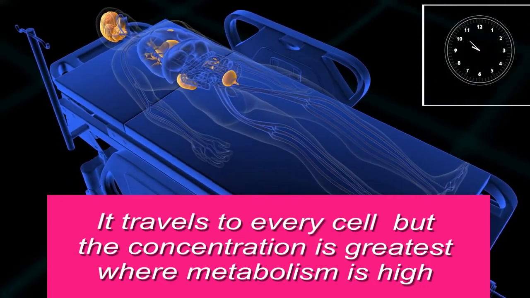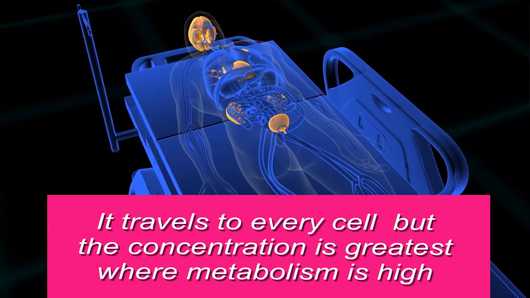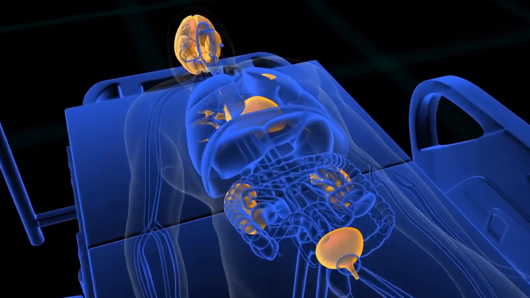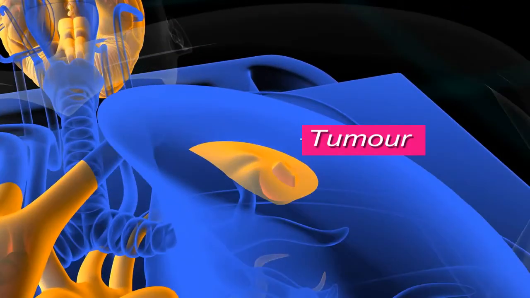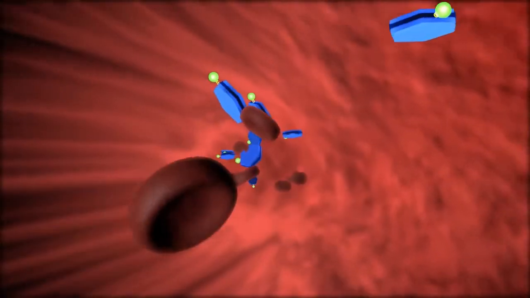It travels to every cell, but the concentration is greatest where the metabolic rate is highest. As a result, it will build up in areas where there is increased growth, such as where there's a tumour.